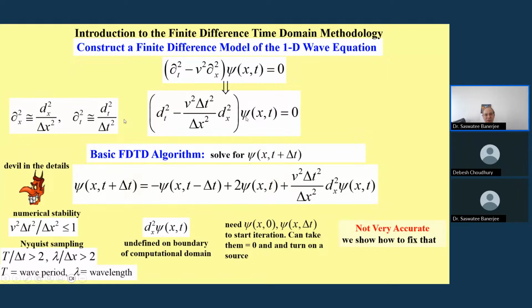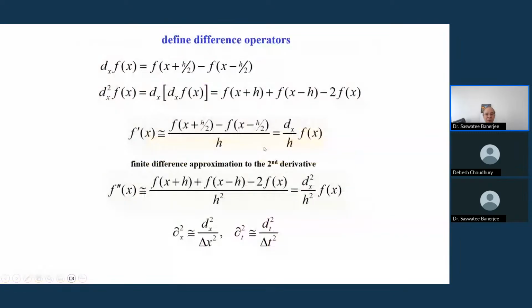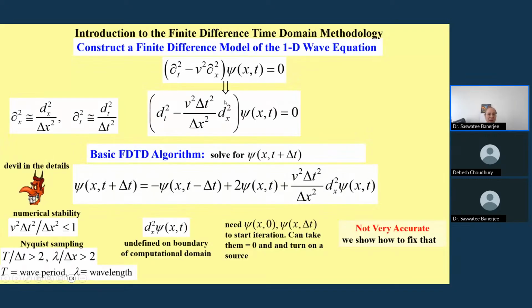This is a difference equation model of the wave equation. Then we solve for this, using this definition right up here, and we get what is called the finite difference time domain algorithm.